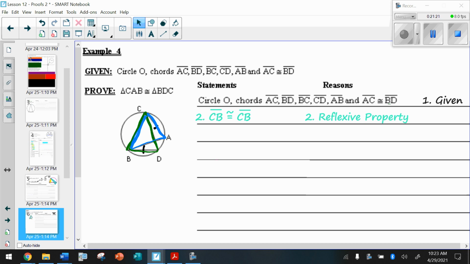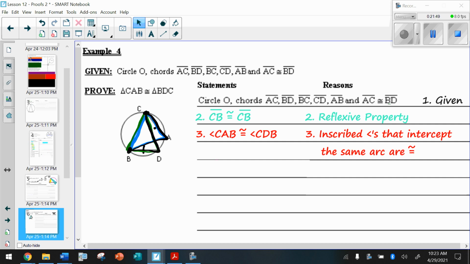Now we need something else. Oh, well, how about this? Angle CAB and angle CDB both have endpoints at C and B. So those are inscribed angles that intercept the same arc.